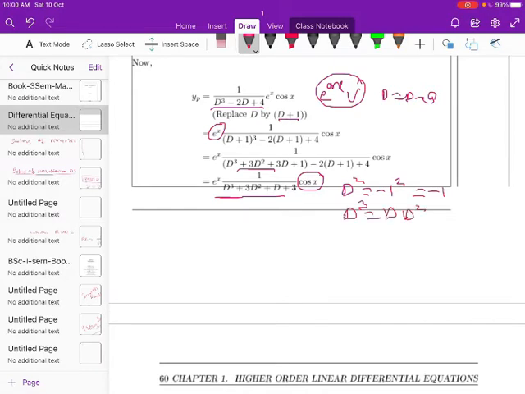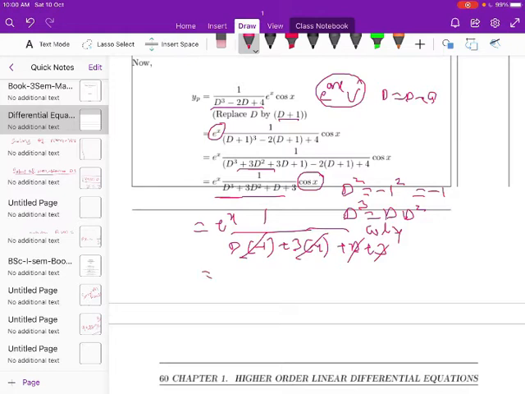If it is d cube, that can be written as d into d square, so d keep as it is, and operate only for d square. So e power x into 1 by (d into minus 1, plus 3 into minus 1, plus d plus 3) into cos x. Minus d plus d cancel, minus 3 plus 3 cancel.